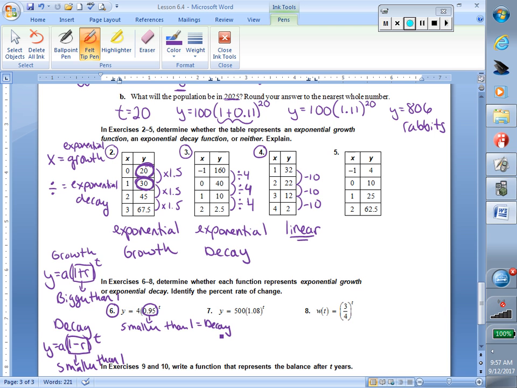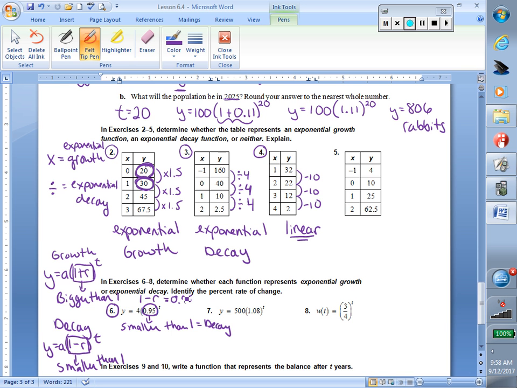Now our other challenge is we want to find that actual rate of change. So what's the percent that we're actually decaying by? Remember, what was inside the parentheses was 1 minus r. So we have to figure out how much did we take away from 1 to get what's in the parentheses. We know 1 minus r needs to give us what's in the parentheses.